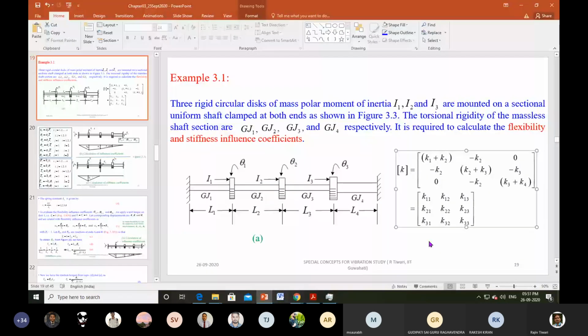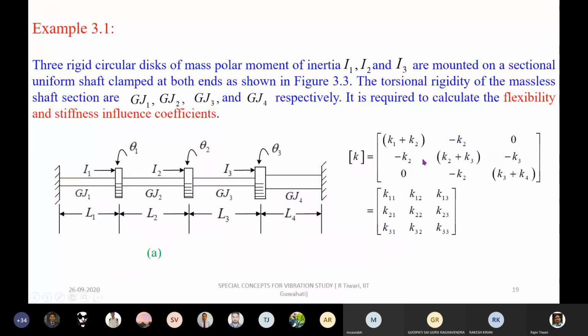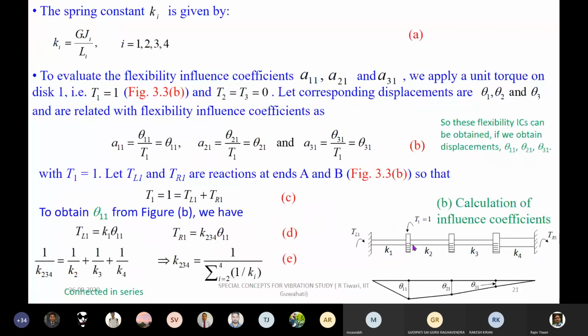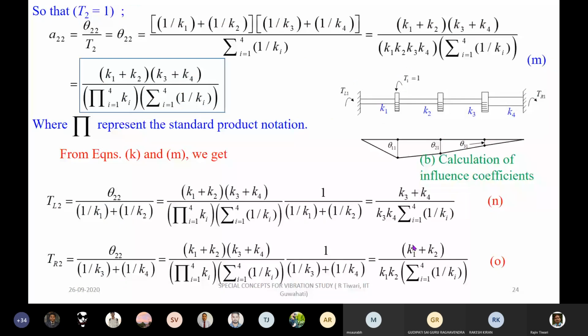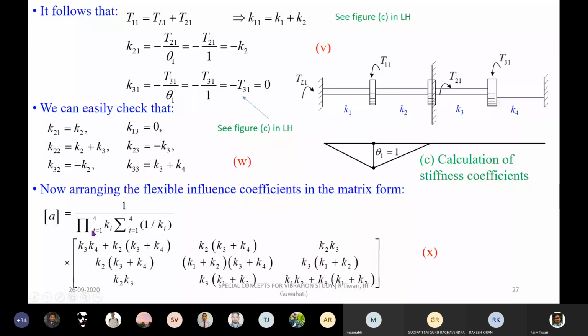So finding stiffness coefficients is easy, either through the equation of motion, which we can derive directly, or through this procedure. The influence coefficients, whatever we finally obtained, are summarized here. So influence coefficient expressions are more complex as compared to the stiffness coefficients.